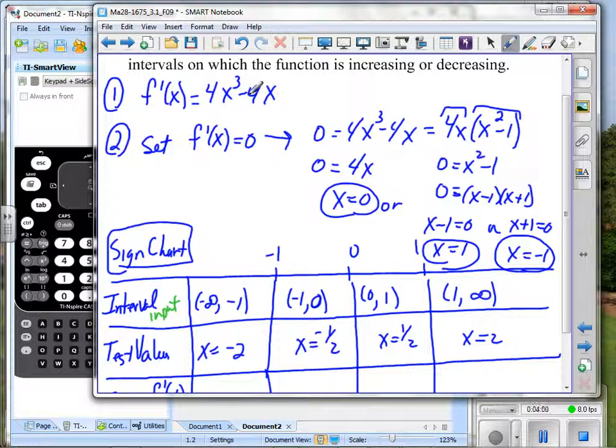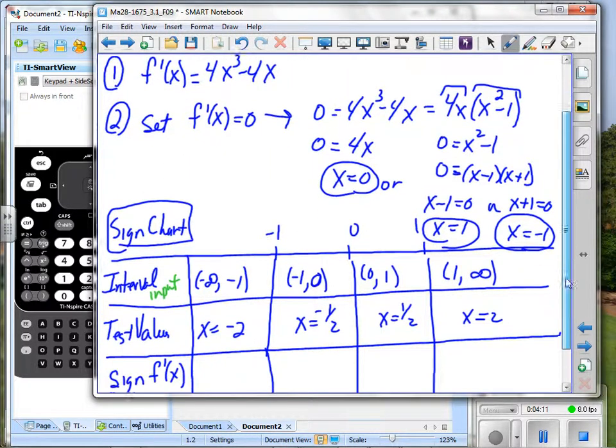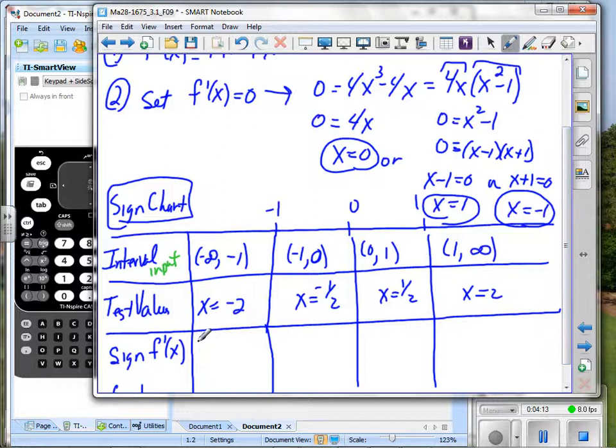I don't need a specific answer. I just need to know, is it positive or is it negative? I could also put it in my factors here. I like my factors better because if I put in 4 times -2, and then -2 squared minus 1, is my first factor going to be positive or negative?